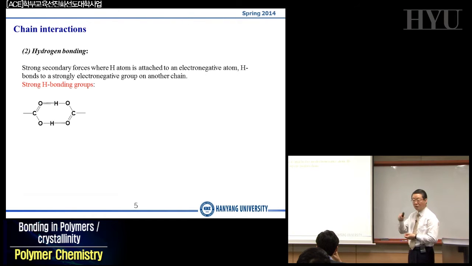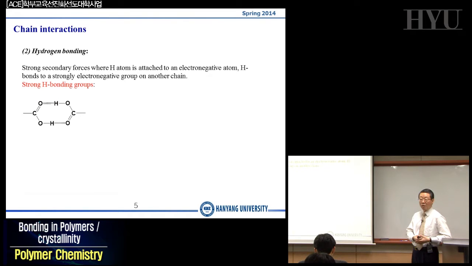So we put this in a dotted line, not the solid line, and you have about a few tens, maybe 40 kilojoules per mole, compared with 400. So it's about 10 times less bonding force for this hydrogen bonding than the covalent bonding. But if you have this type of hydrogen bonding, then you have very strong interactions between the oxygen and hydrogen in your neighboring groups. So in this case it is carboxylic acid.